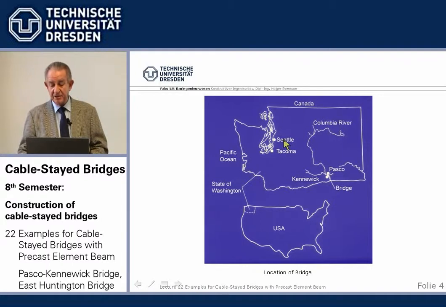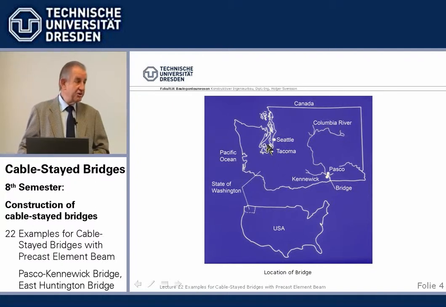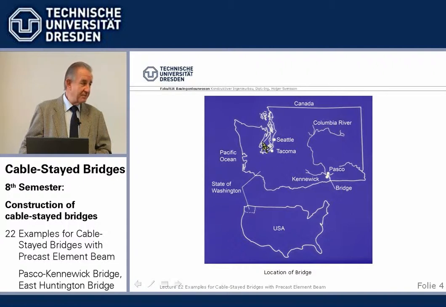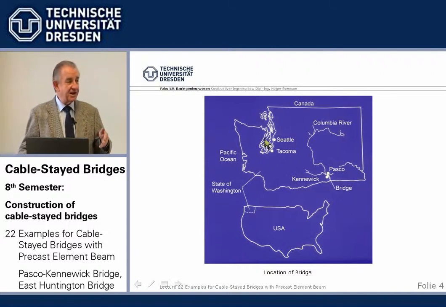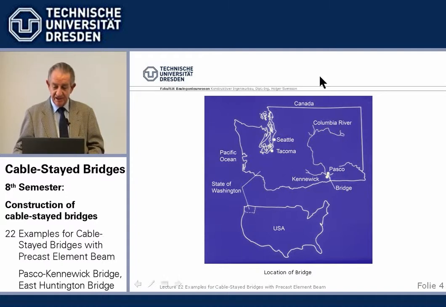And by the way, here we see Tacoma. Here we see Seattle, and here's Tacoma. As you should maybe remember, I've shown you in the dynamic lecture the movie where the Tacoma Bridge is destroyed by wind, and that is here. Tacoma is rather close.